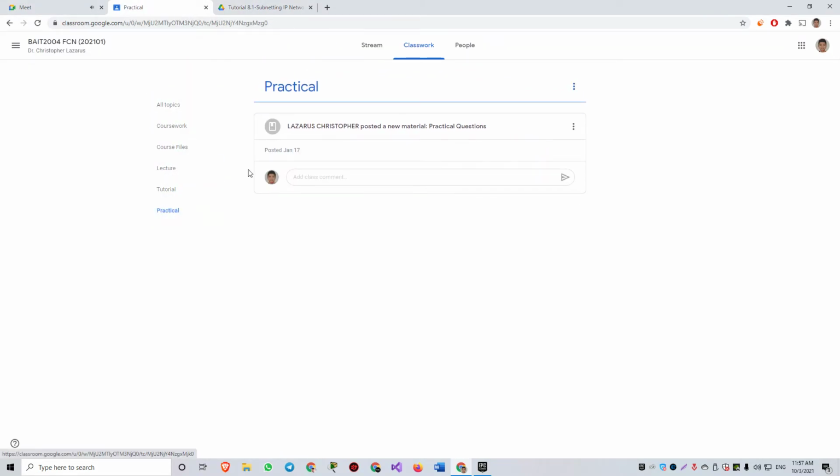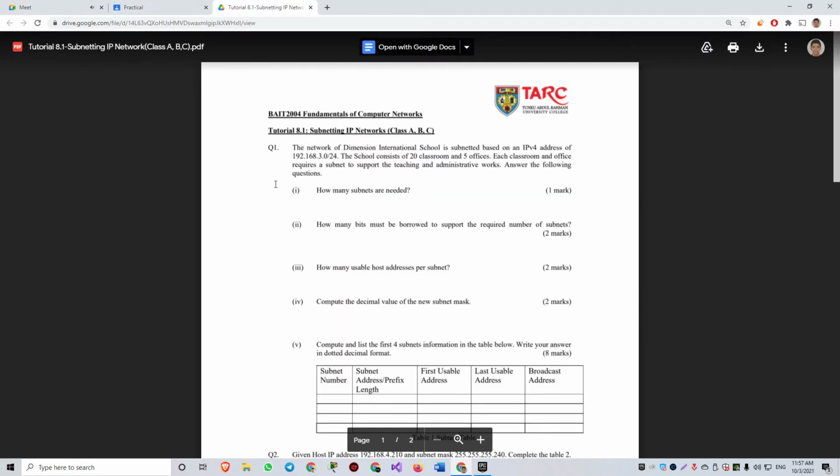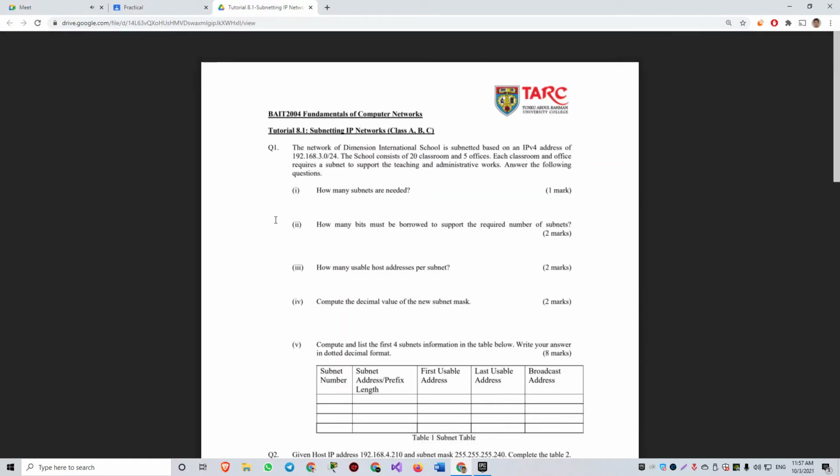So Noel, if 25 subnets are needed, how many bits should you borrow that can accommodate 25 subnets? One bit gives you two subnets: 2 power n, 2 power 1 is 2.